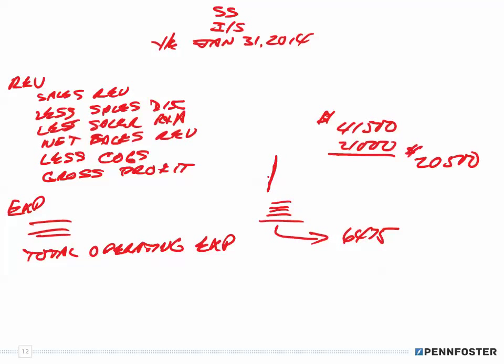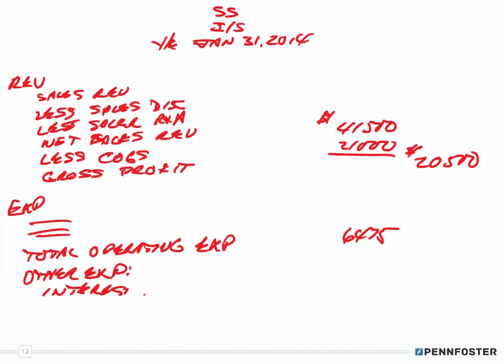Notice that this here is actually a third column, okay? And there's a reason why I'm doing that, and you'll see this in just a second here. Because once we have a total operating expenses, we also have a concept called other expenses, okay? And under other expenses, we're going to have interest expense. Now, interest expense can be considered as part of your other expenses.